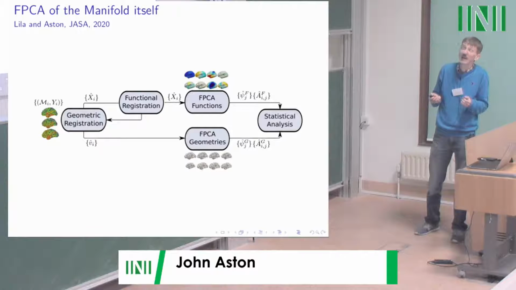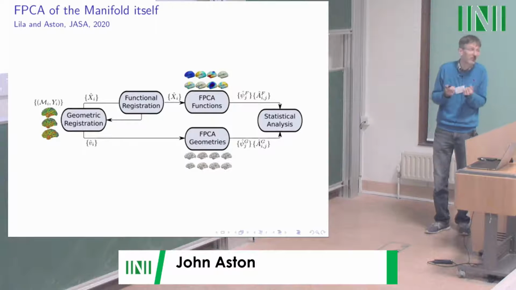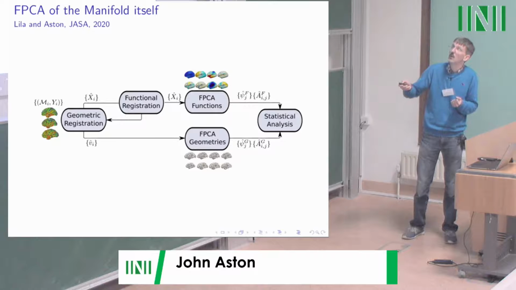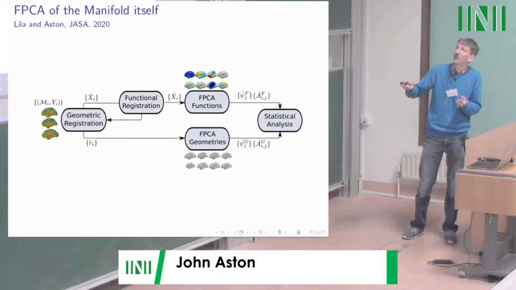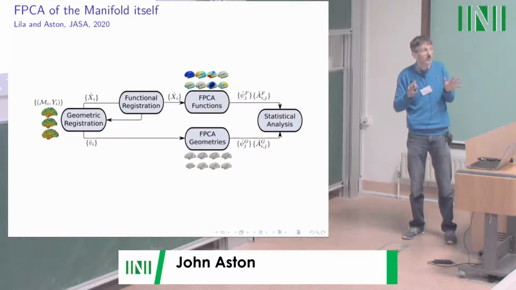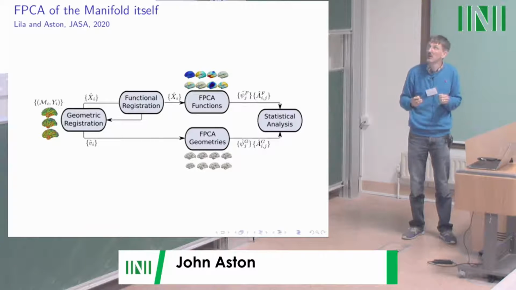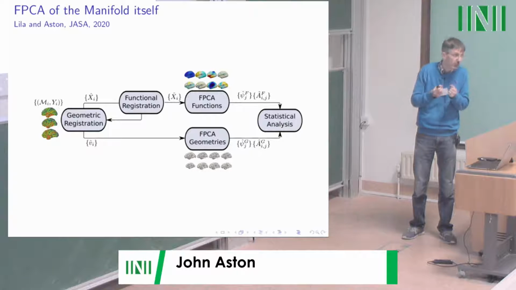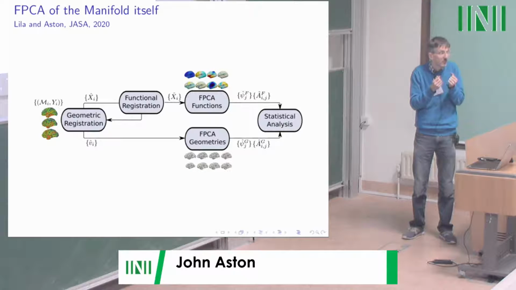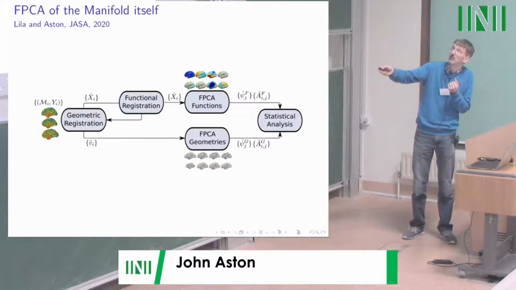What does that allow me to do? Well, it allows me to then think about how geometry and function go together. So previously, all the principal components you saw were principal components around the function, the connectivity on that particular image, that particular template brain. But I also now want to understand what the trade-offs are between different parts of different shapes of brain affecting those functions.